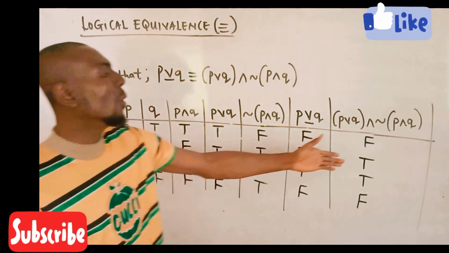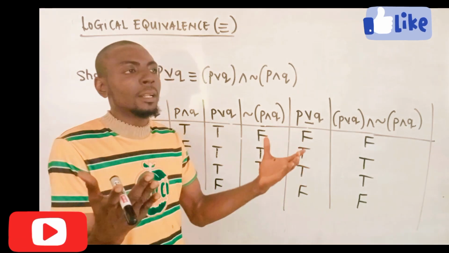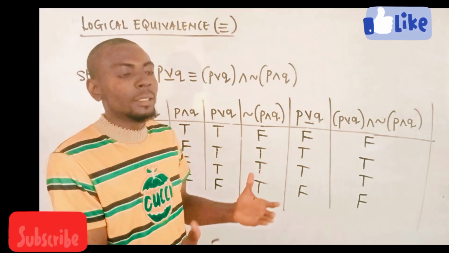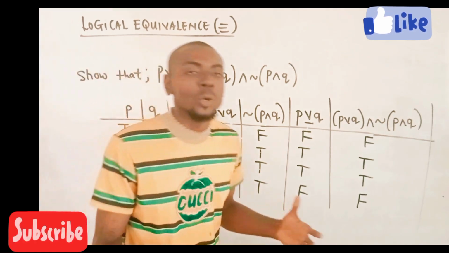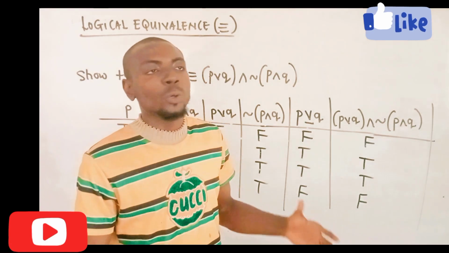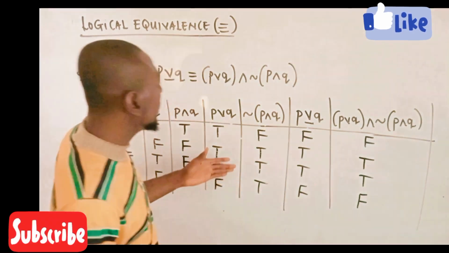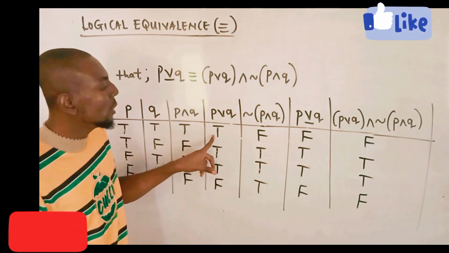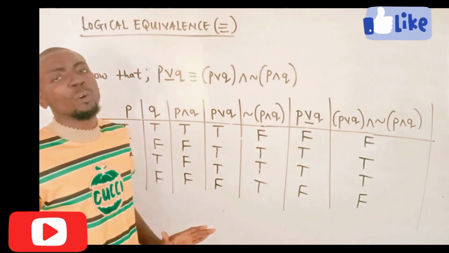Under and, you can use common reasoning, like 1 times 1 is 1, 0 times 1 is 0, 1 times 0 is 0, and 0 times 0 is 0. Use that logical ability to deal with conjunction. Truth and truth is truth, but any other combination will give you false.